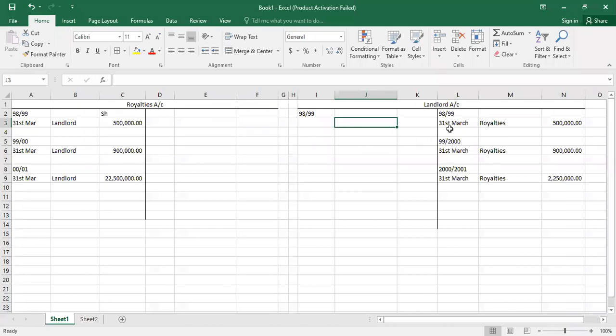So on 31st March, I'll have the landlord account debited and the cash book account credited with the same amount. The same will happen for the year 99, 2000.